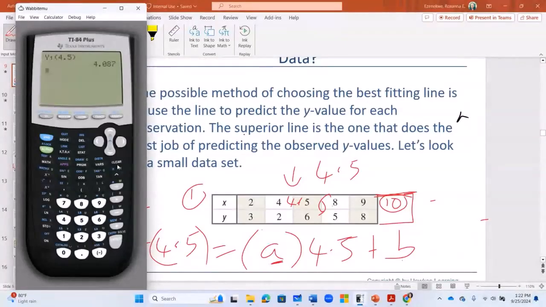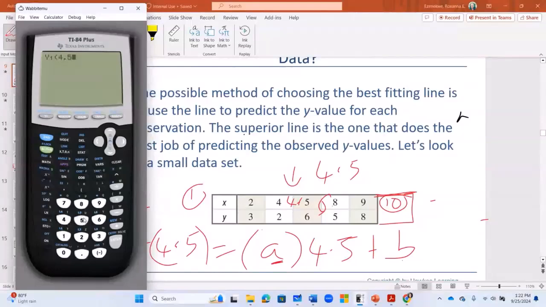Okay, let's do it. So to pull up Y, in the first instance, you say vars. You arrow to Y-vars, function Y1, because that's where my equation is. So I pulled up Y1 there like that. And then I'm told to evaluate 4.5. So I put a parenthesis and I put 4.5 there.